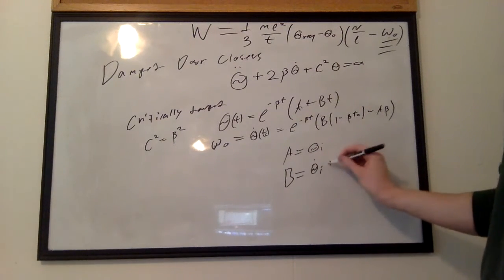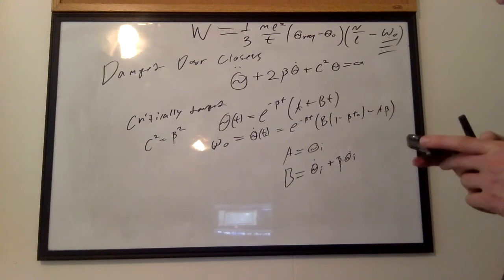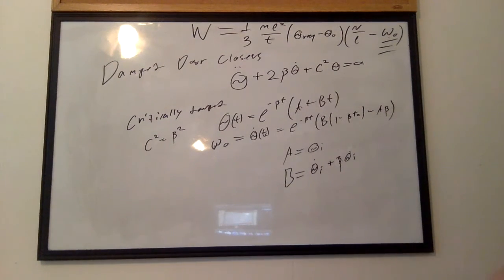These coefficients, a and b, are essentially these things here. And that should be most of what you'll need for a damped door closer.